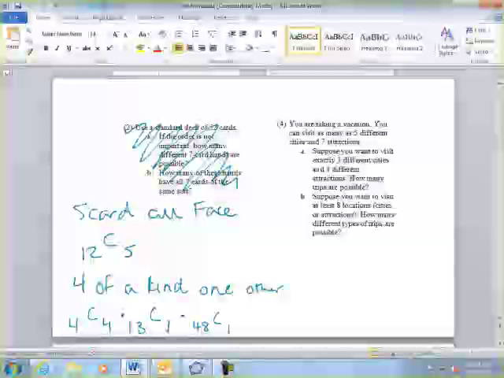So those first two parts select my 4 of one kind, 4 cards out of 4 of one kind out of 13. And then that last part says, out of the other 48 cards in the deck, I'm going to grab any one of them. Okay, and how many different possible hands would that give me? 4 of one kind. You'll have some card prompts in your homework that are similar to those.